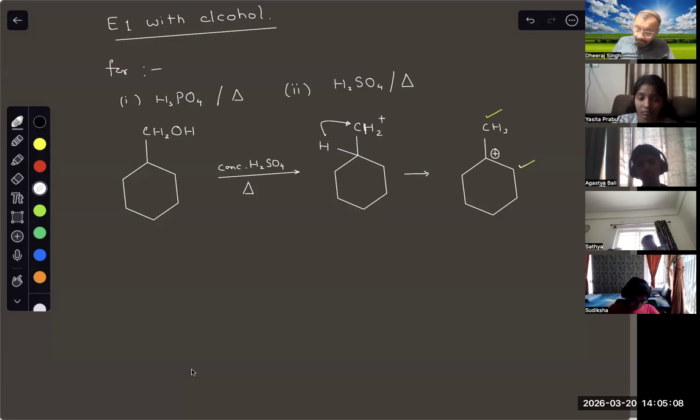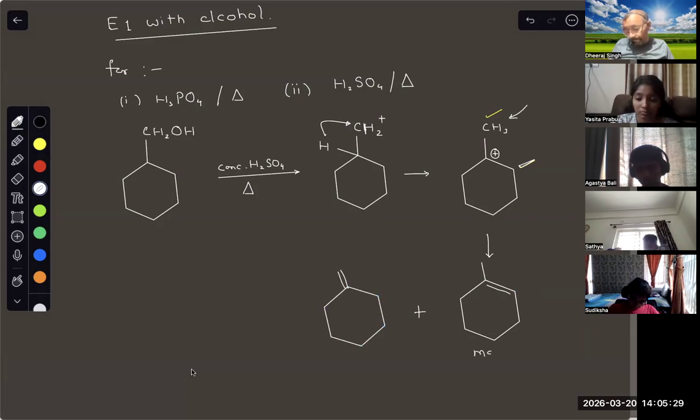If it is from here, a more substituted alkene will get formed like this. If it is from there, a less substituted alkene will get formed like this. So this is major.